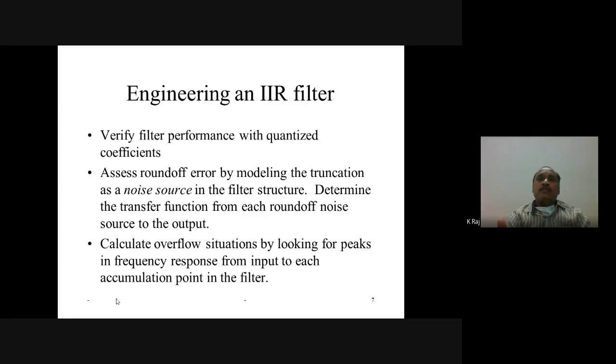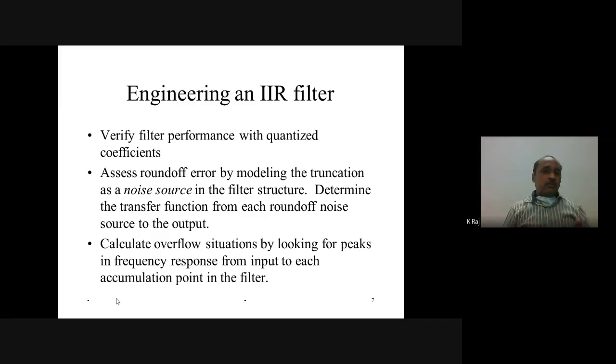That is the first parameter. The second parameter is the power consumption, what is the energy level required for the implementation. The third one is the space required, memory space or space required on a silicon wafer. And the fourth parameter is what will be the effect of the quantization.